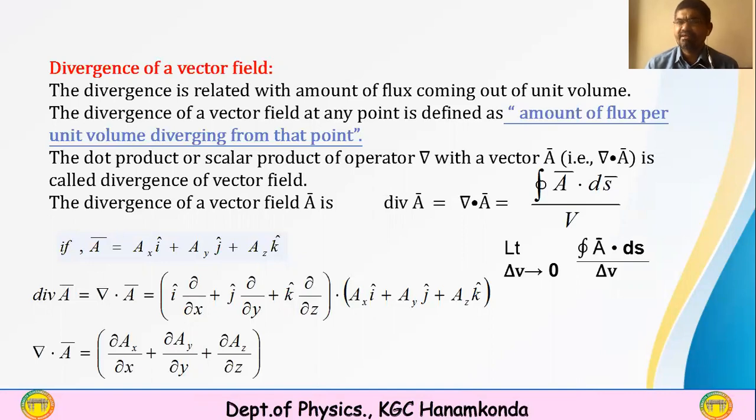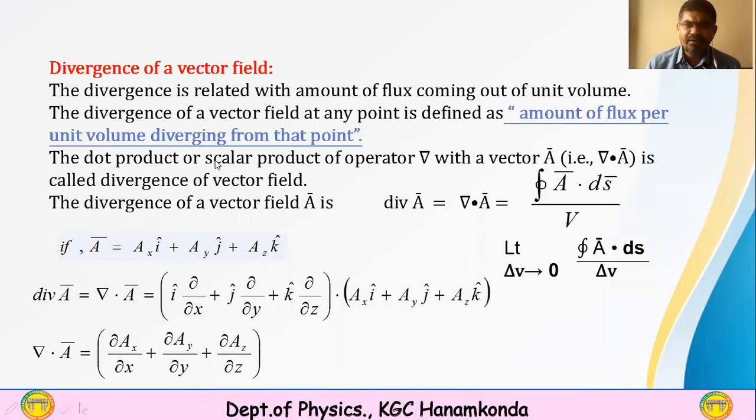The divergence of a vector field at any point is defined as the amount of flux per unit volume which is diverging from that particular point. You know already that the amount of flux equals the integral of the vector field dot the infinitesimal area element. You have learned this in your intermediate second year.